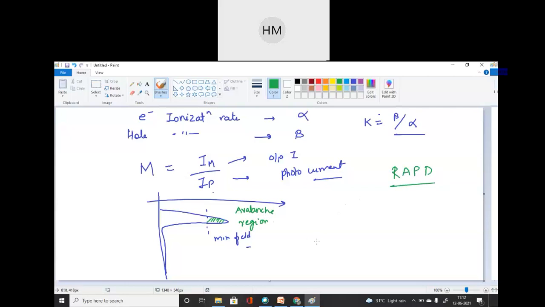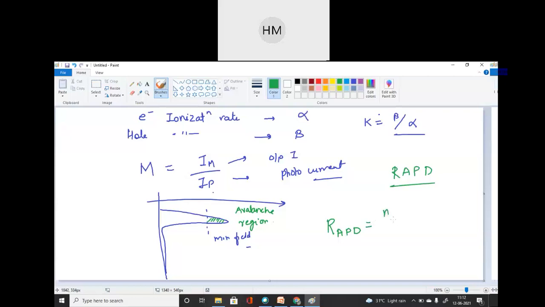And one more important parameter you can write down. The performance of APD is characterized by its responsivity, which we will discuss now. We will discuss responsivity after this, but write down the RAPD for this APD.